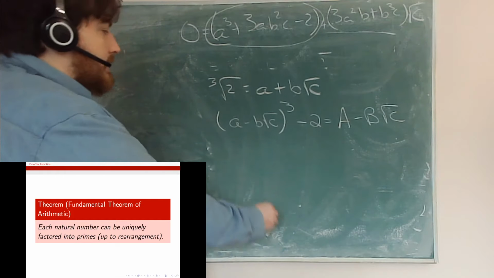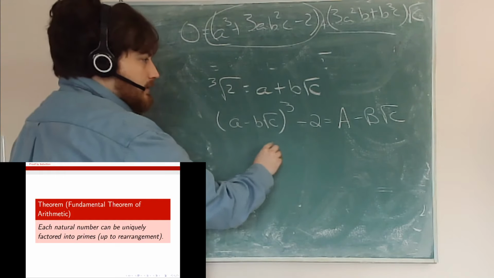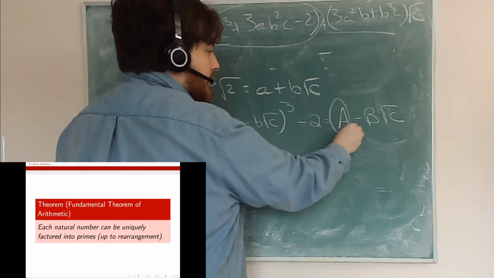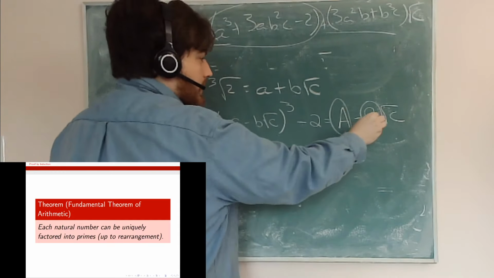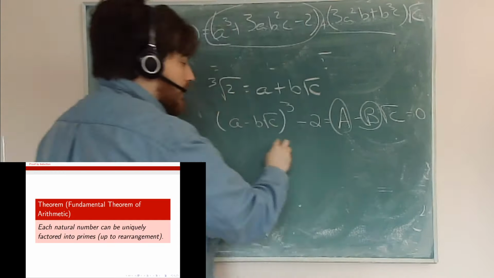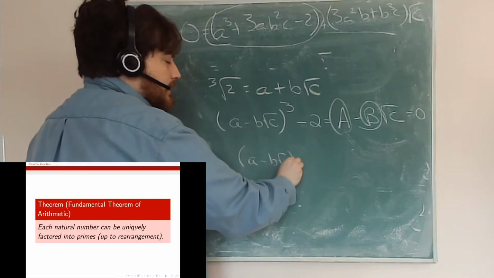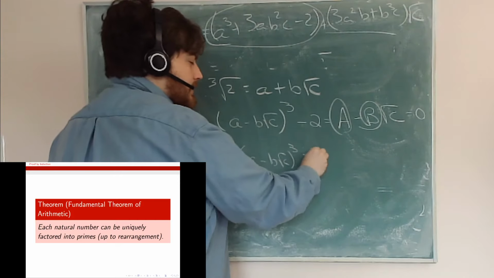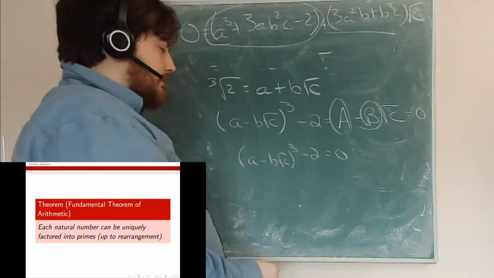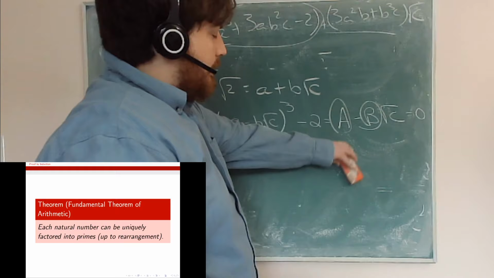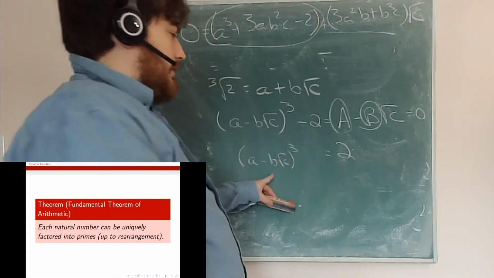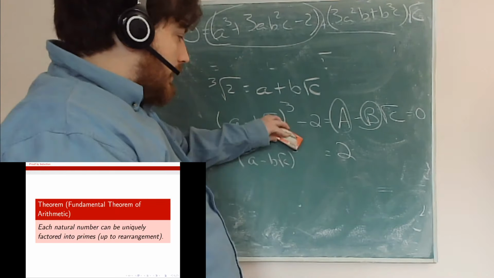So what that means is, well, this was 0 and this was 0. So this is equal to 0. So what that means is that A minus B square roots of C, cubed minus 2, is equal to 0. If I then add 2 to both sides, I get this cubed is equal to 2.